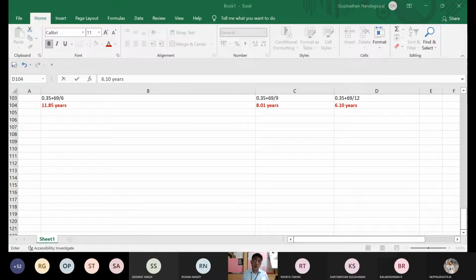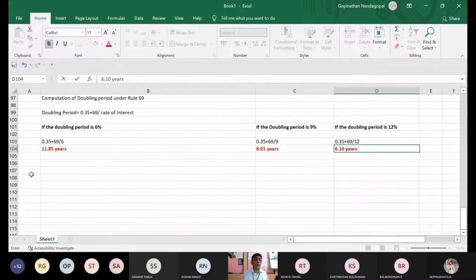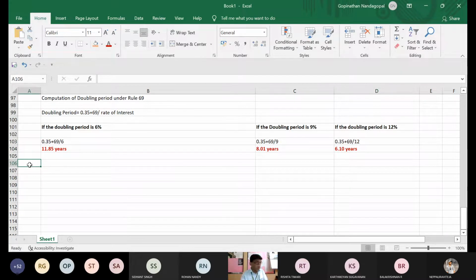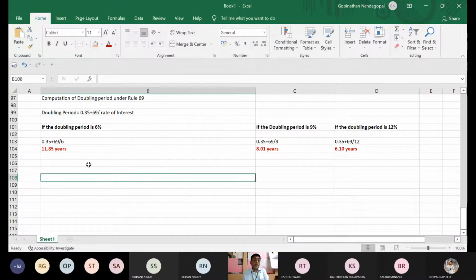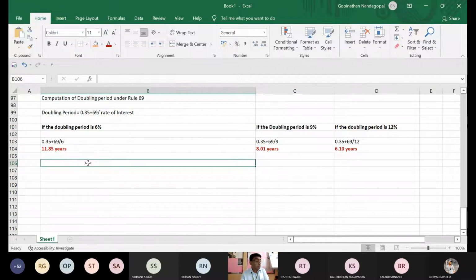In your CAT or FAT, you will not get all small problems. I may give you a case study, and with the case study I'll be asking small questions like this. So you must understand the case study and do it. People who have already taken my paper know the paper will be totally an application paper only.